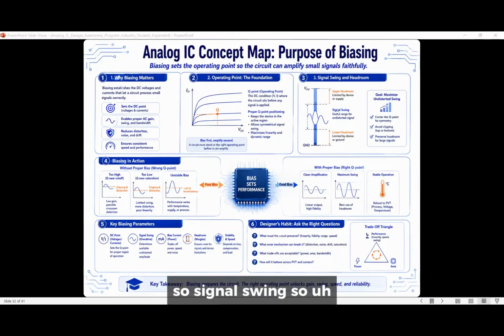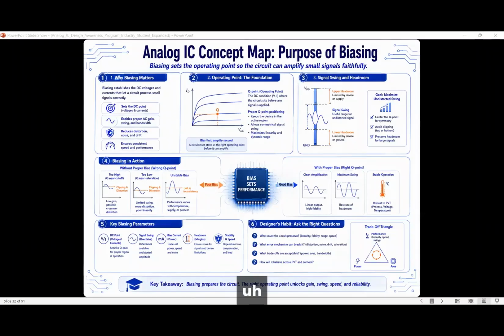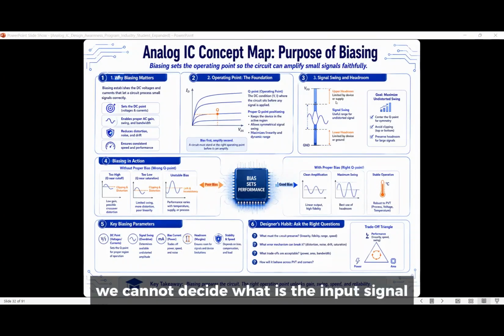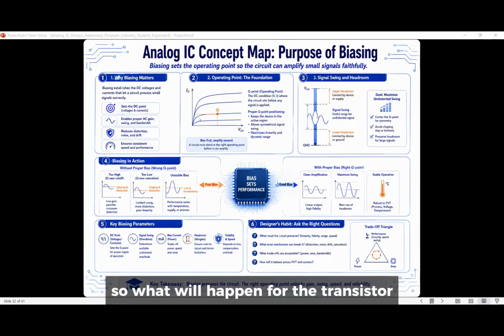So signal swing: normally the circuit will receive a small signal, as we have mentioned. Unfortunately, we cannot decide what the input signal is. So we must discuss if the small signal input becomes larger than anticipated, what will happen to the transistor?